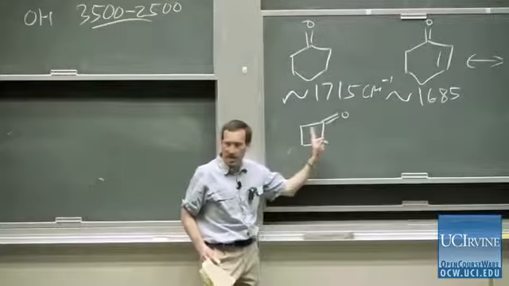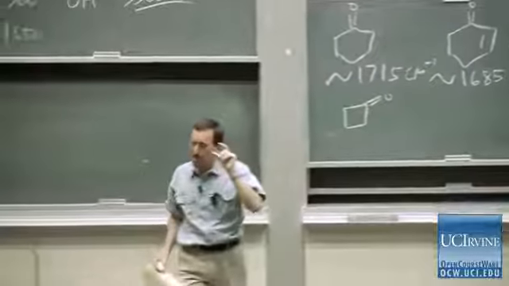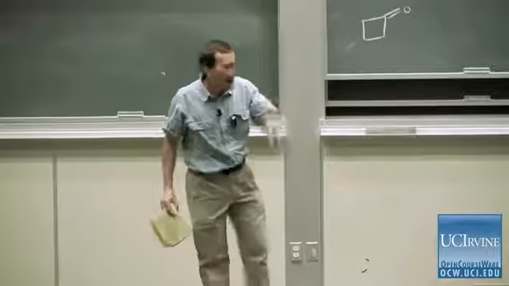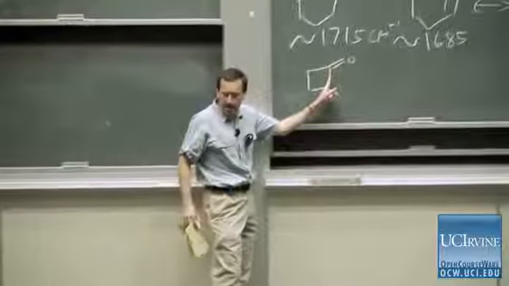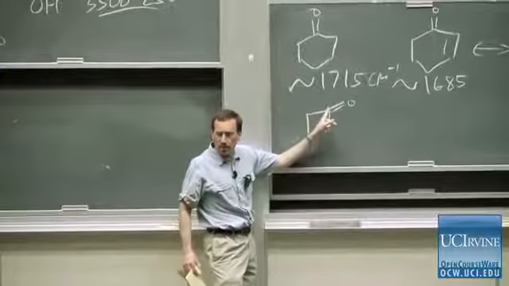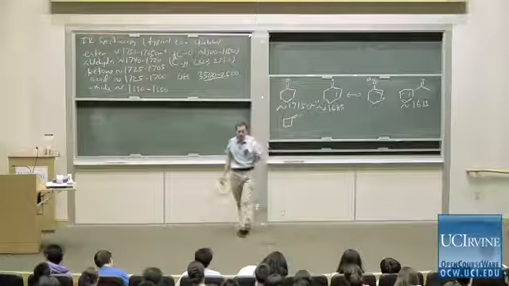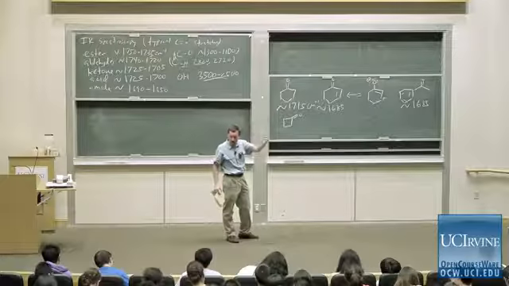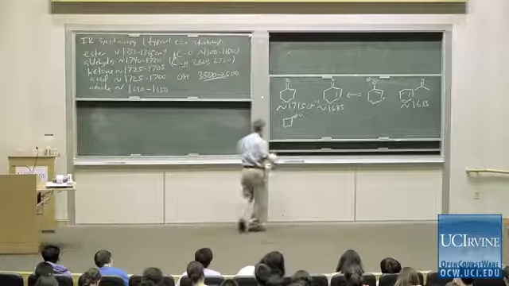But by the time you get down to cyclobutanone, all of your angles are getting forced to be much, much closer to 90 degrees. As a result of that, you're having to use more p character in making up the ring bonds. That leaves more s character for the CO bond. And remember, s orbitals are lower in energy, so that's going to make the CO bond stronger, which in turn means it's going to vibrate at higher frequency.